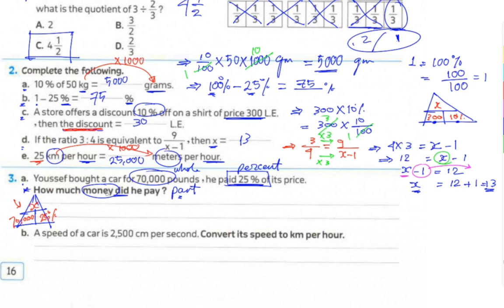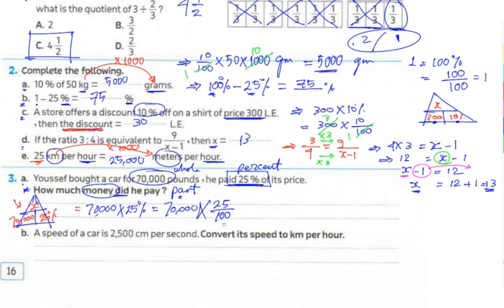So he paid equals 70,000 times 25%, and that's equal to 70,000 times 25 over 100.